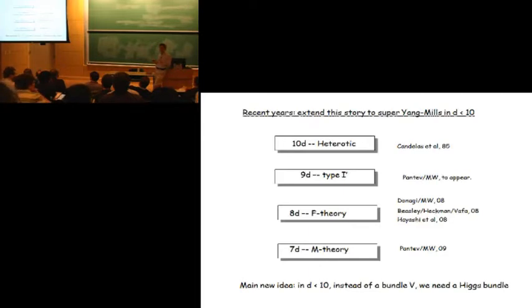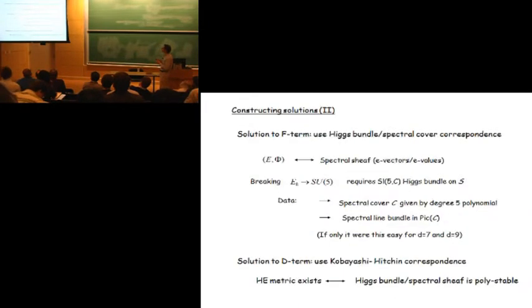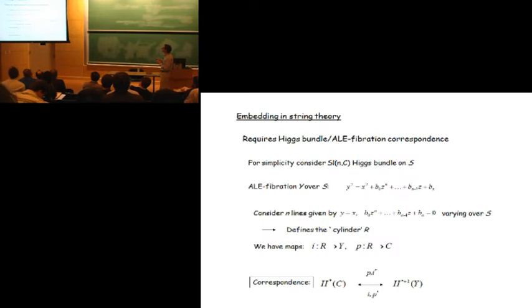And the physics of these ALE singularities is then interpreted in terms of gauge theory. So if you really want to embed it in a string theory, there's one additional step: you want to map it to some kind of space with ALE singularities. And for that additional step, there's a correspondence we can use, the Higgs bundle ALE fibration correspondence.